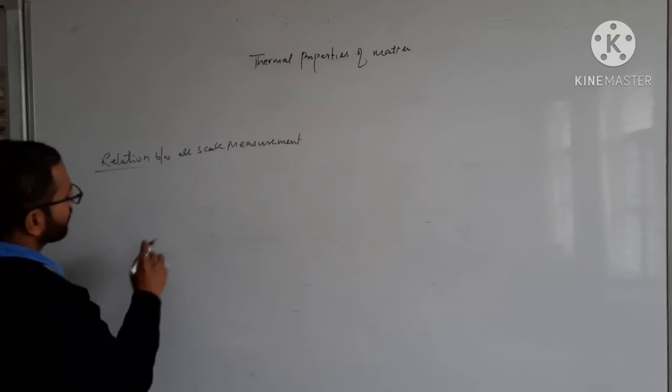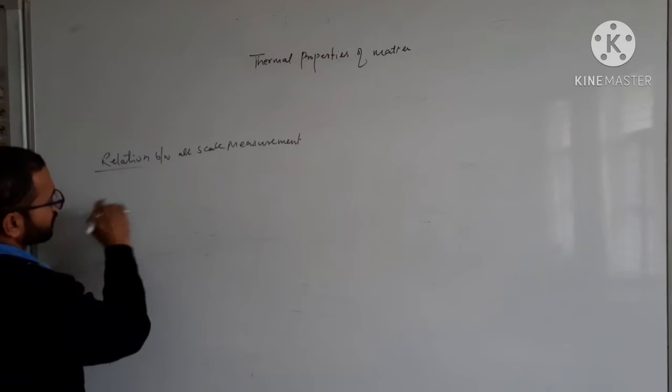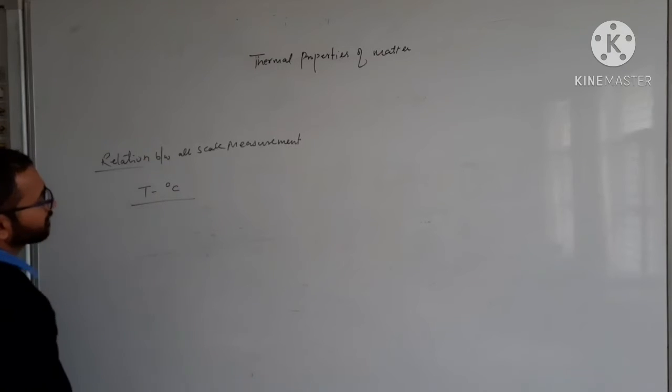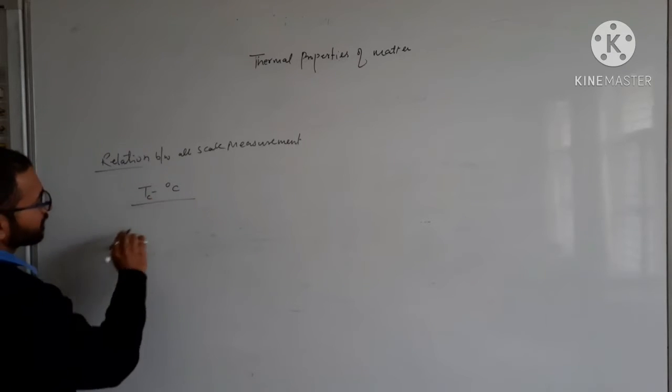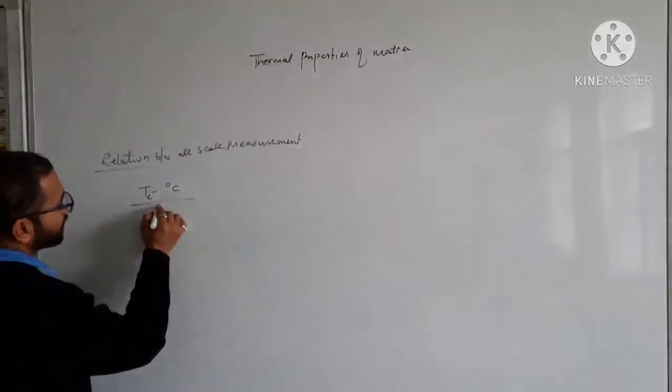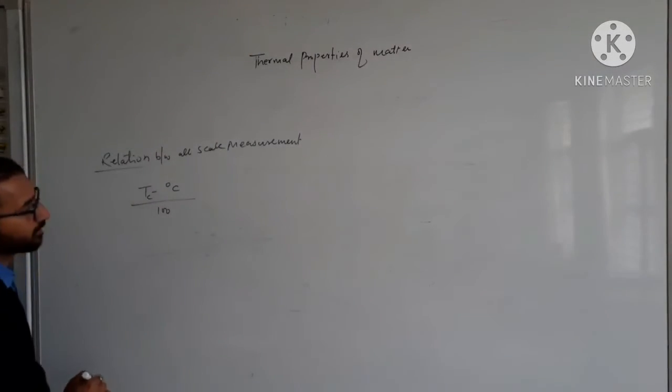So when we talk here about the Celsius scale, Tc is a temperature in the Celsius scale and 0 is the freezing point temperature, and here there are a total of 100 equal divisions.